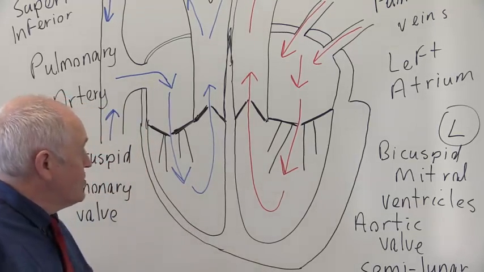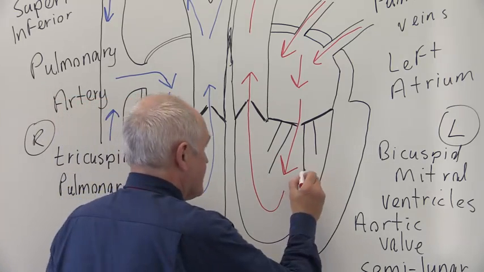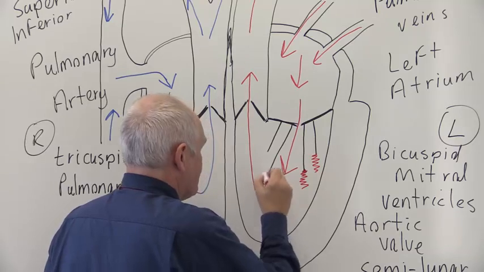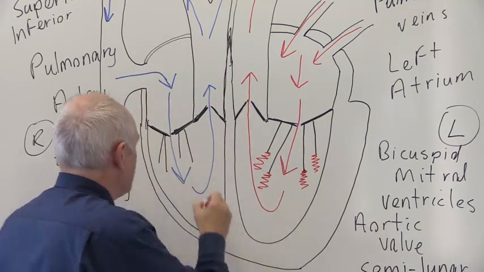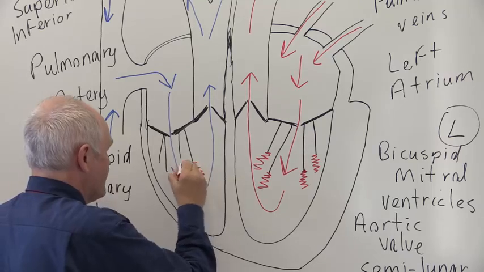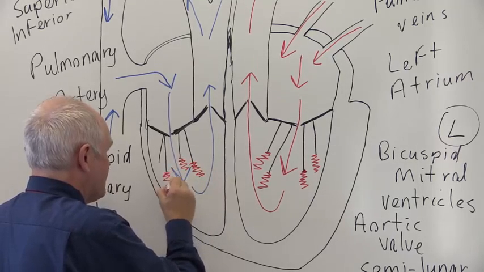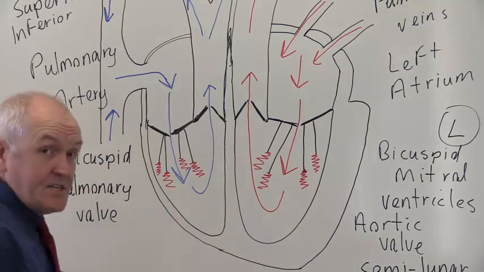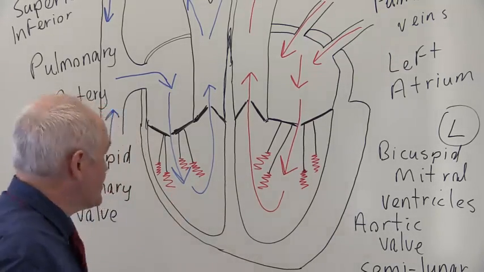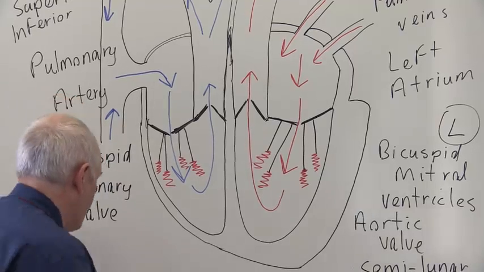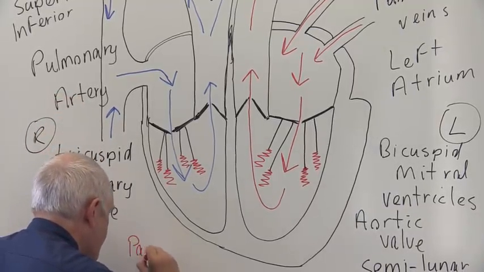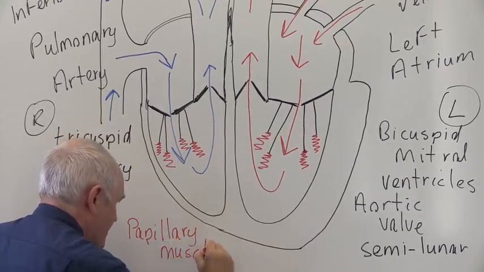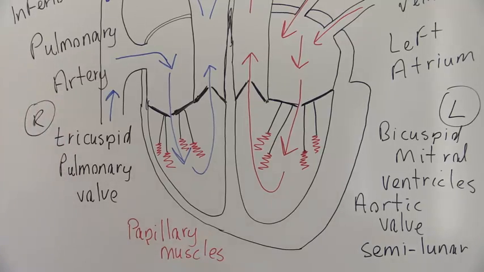And these tendinous cords are rooted into the wall of the heart via specialised muscles, so that the valves can't overexpand. These muscles that connect the tendinous cords to the wall of the heart are the papillary muscles.